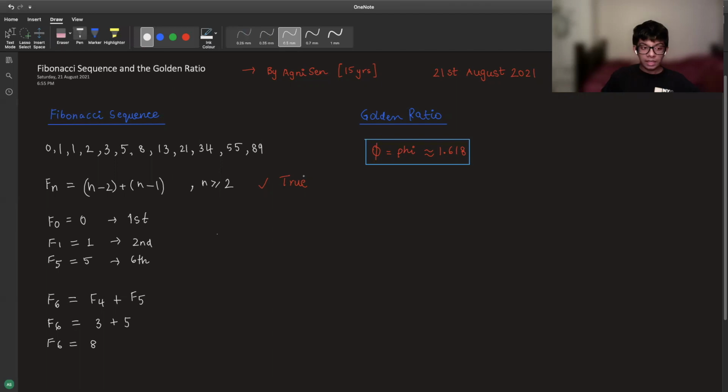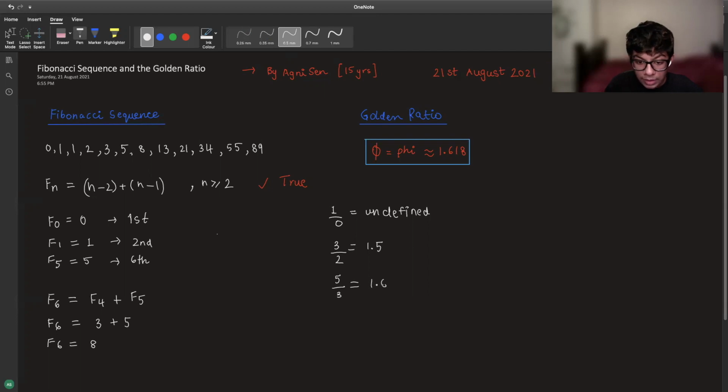Let's start by finding the quotient of dividing consecutive terms in the Fibonacci sequence. Okay, so let's start with 1 divided by 0, which we know is undefined. Let's skip a few terms and go on to 3 divided by 2, which we know is 1.5. Let's go to 5 divided by 3, which we know is the same as 10 divided by 6.